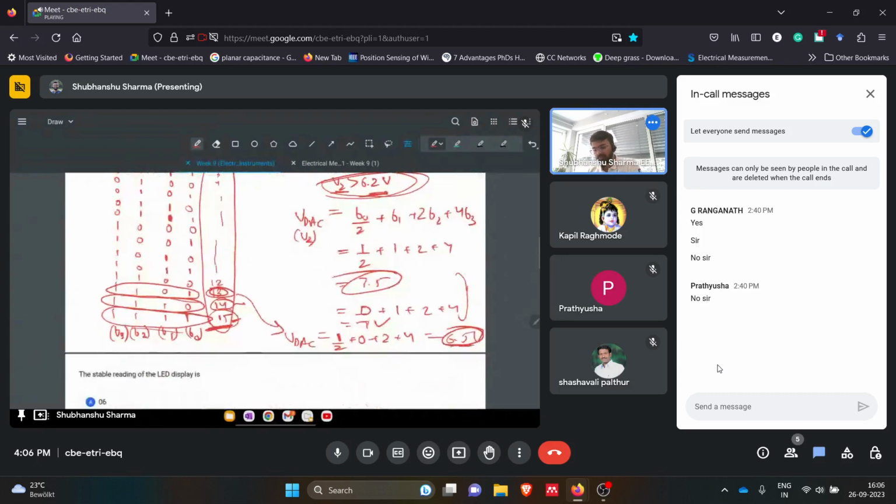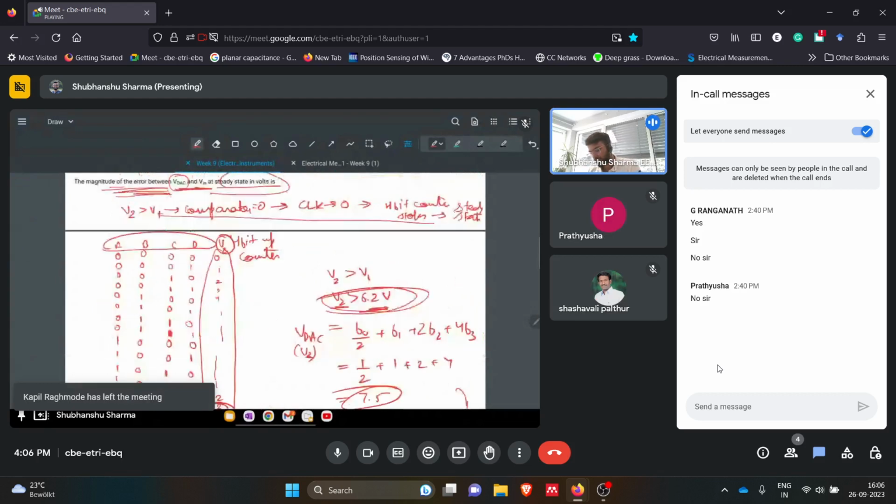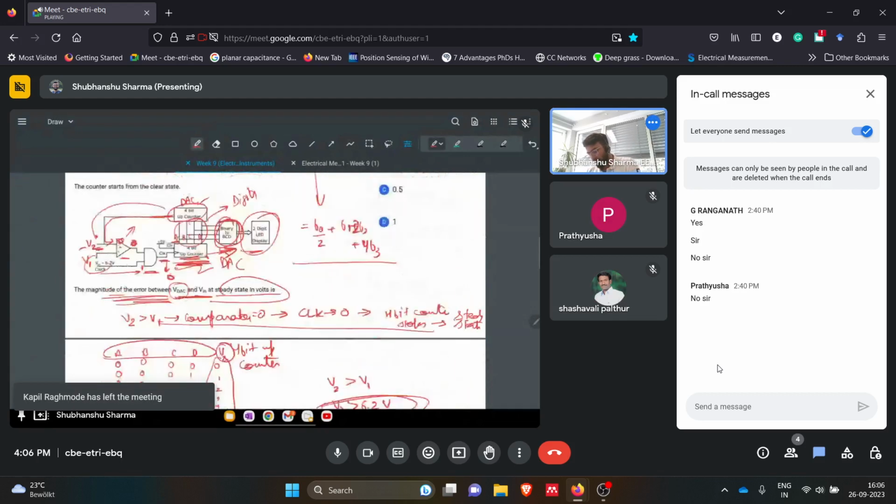So once VDAC output becomes 6.5 volts, our clock will become 0 and the 4-bit up counter will stop counting up. That will be the steady state value for the system, and the LED will be displaying that value.